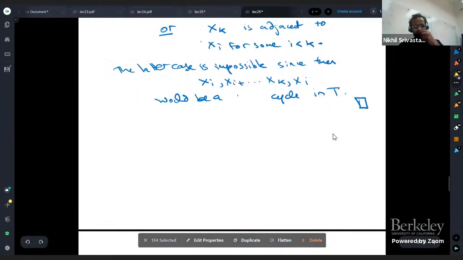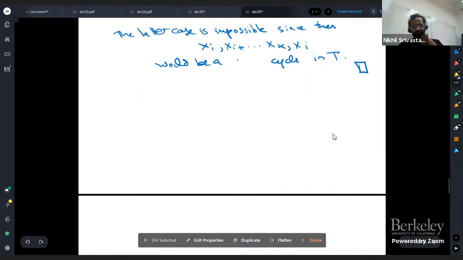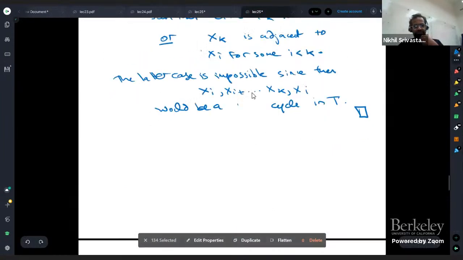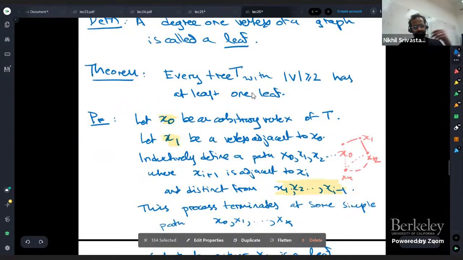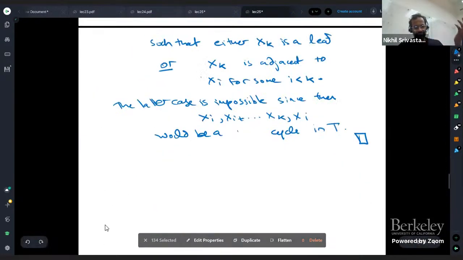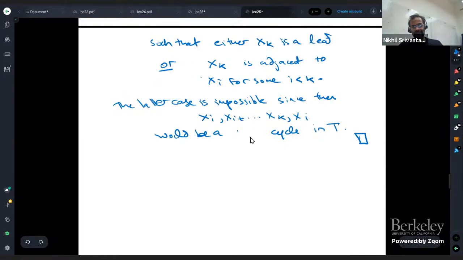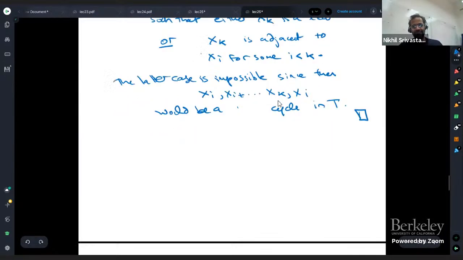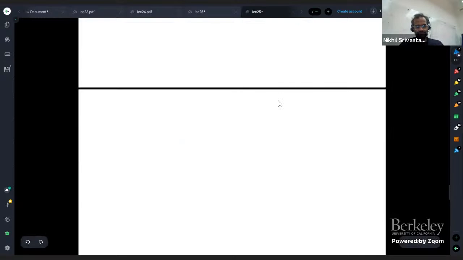Okay. Now we're going to use this to prove a last, in my opinion, clarifying theorem about trees, which tells you how many edges they have to have. So here's the theorem.